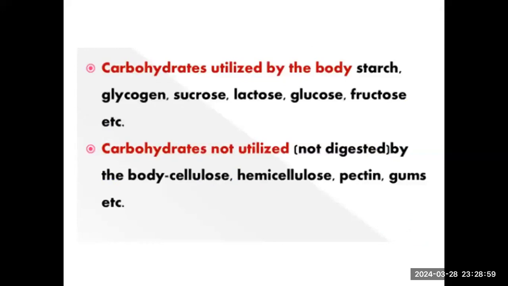What do we mean by this? Available carbohydrates are the ones that can be utilized by the body, for example, starch, glycogen, sucrose, lactose, glucose, fructose, and so on. The unavailable carbohydrates are those which are not digested by the body, for example, cellulose, hemicellulose, pectin, gums, and so on. But they are necessary for the intestinal movement.